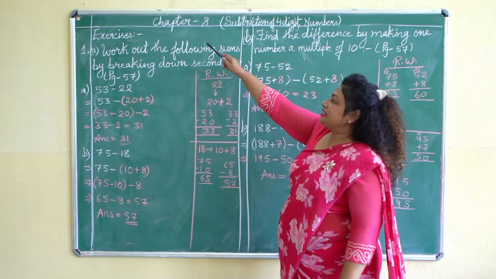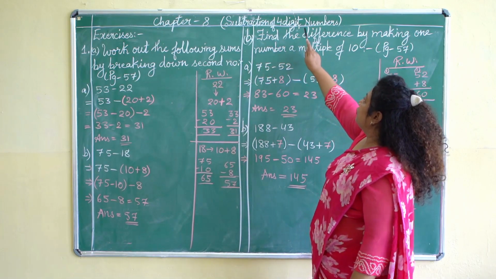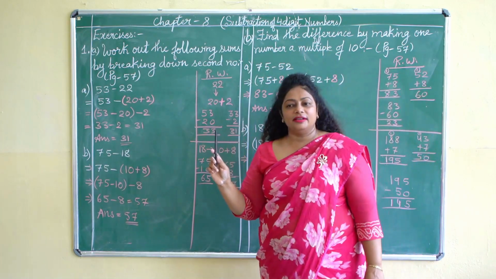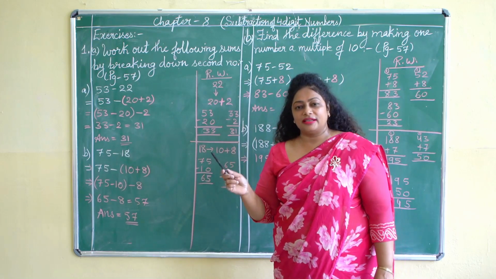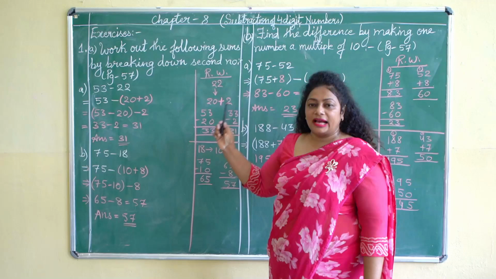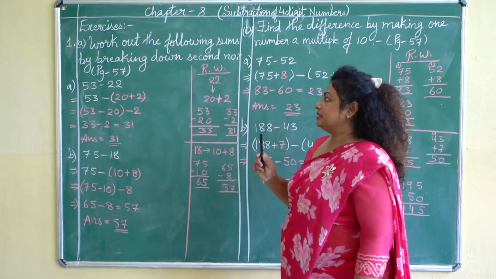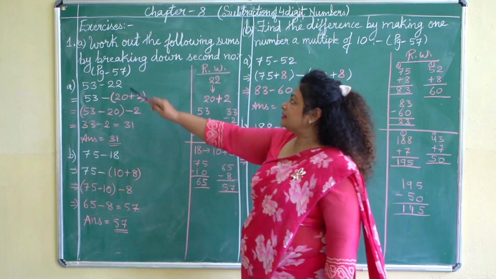Let us start with chapter 8. Subtraction of 4-digit numbers. Children, you have already done the subtraction in the lower classes, classes 1 and 2. But in this chapter in class 3, we will do the subtraction of 4-digit numbers. Let us start with the exercises.